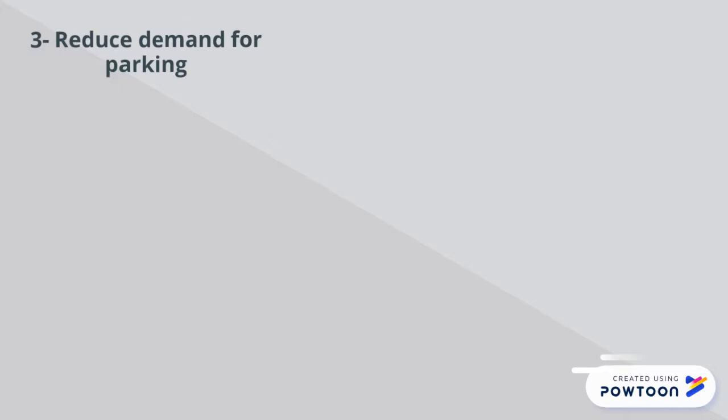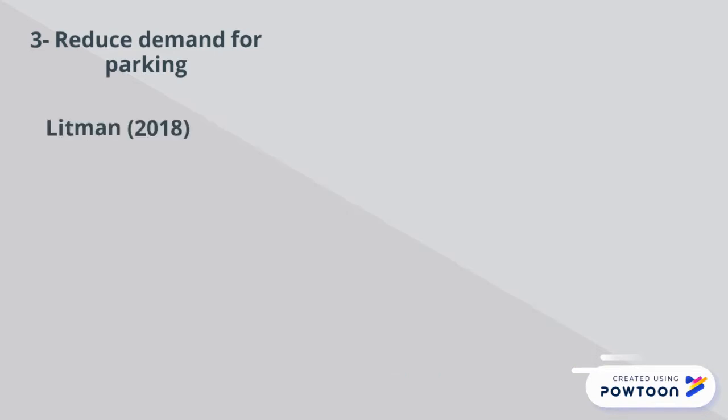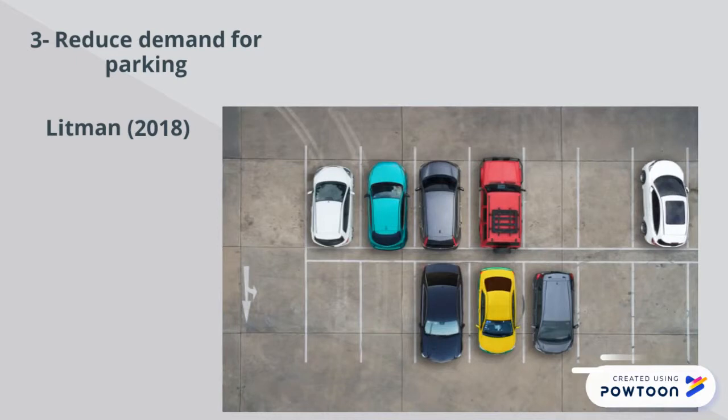The third strategy is reduce demand for parking, where changing behavior and encouraging commuters to consider alternatives to the personal car can help reduce parking demand. According to Littman 2018, he believes that reducing the demand for parking will help in reducing the supply of parking.